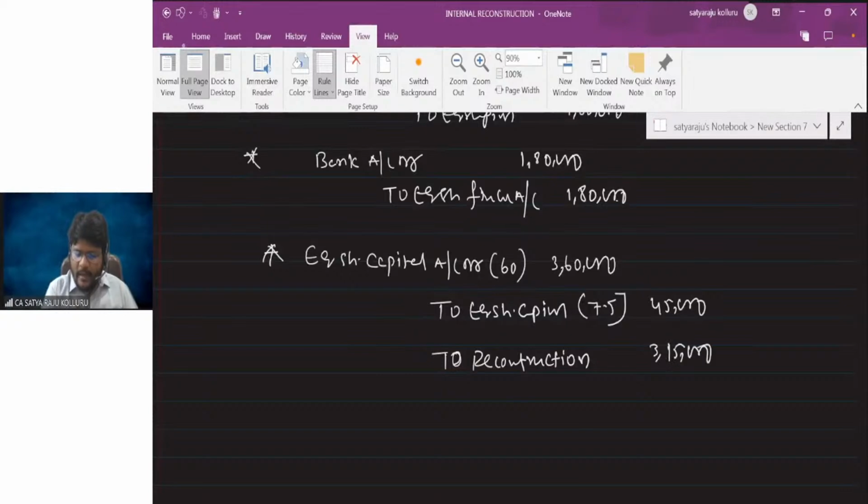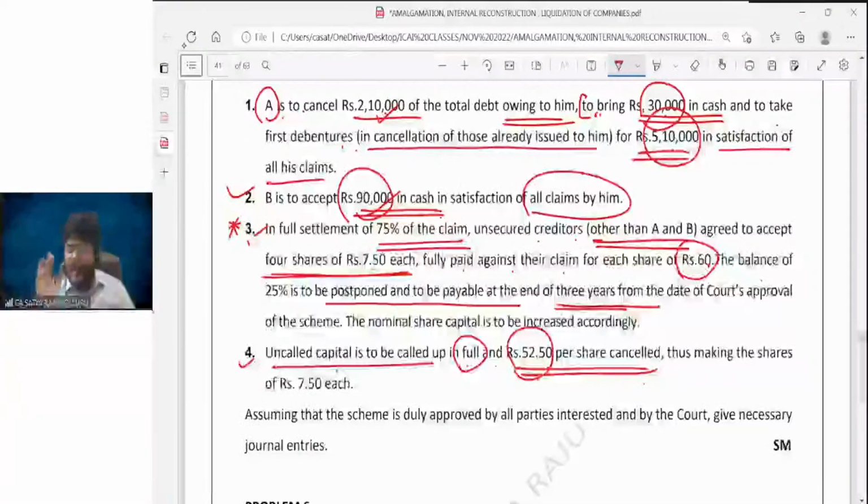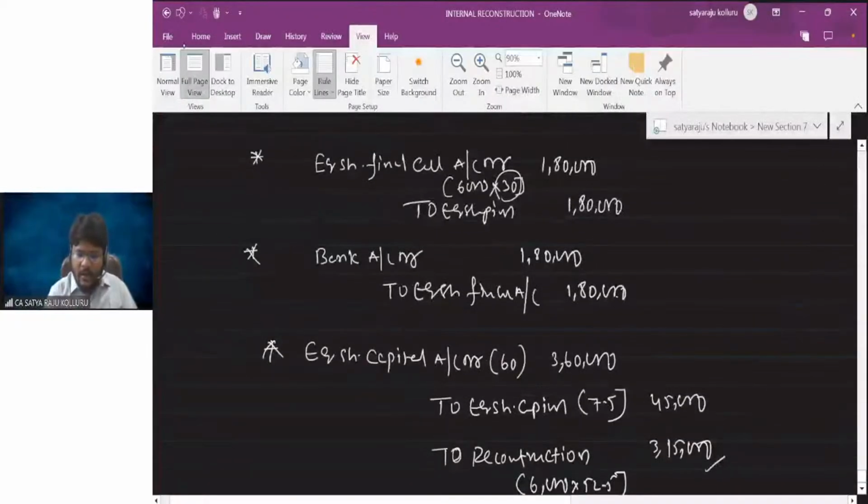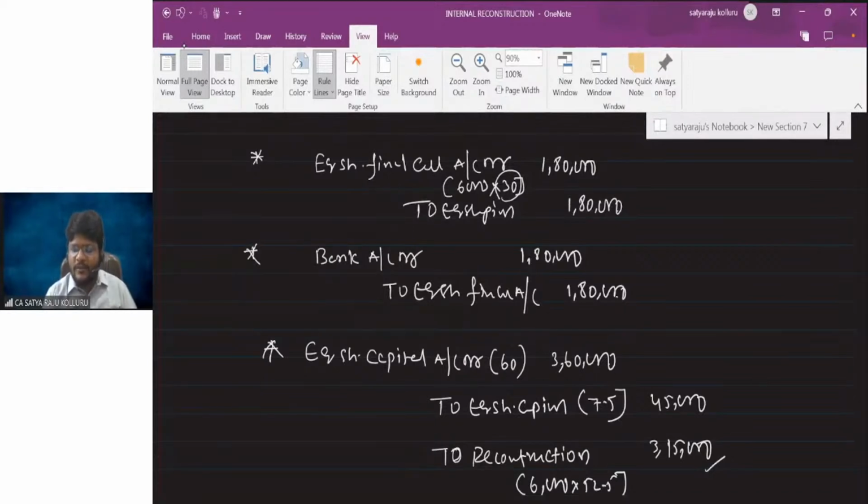How did you get this balance? 6,000 into 52.5. If you want, you can cross verify: 6,000 into 52.5 will become 3,15,000. This is the cancellation entry. Thus making the shares of rupees 7.50 each. I made a call, received the call amount. After that, cancelled 52.5 per share to make each and every share 7.5 each.